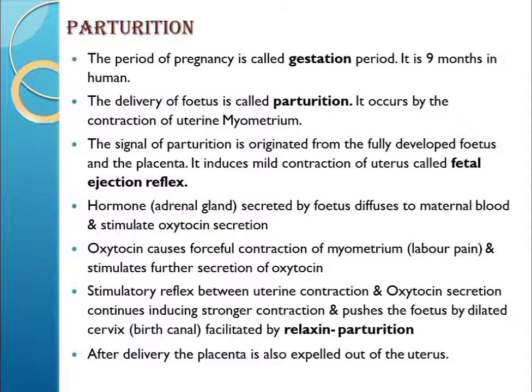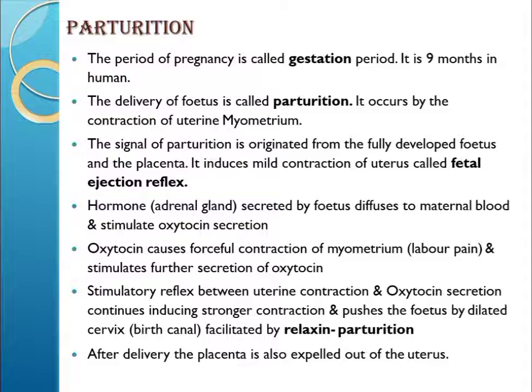Now, parturition. The time period during which the pregnancy remains in the uterus, that is, after the last day of menstruation to the day of parturition, is called gestation. The period of pregnancy is called the gestation period. It is 9 months in humans.